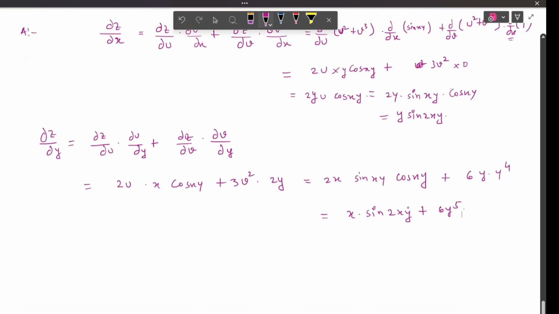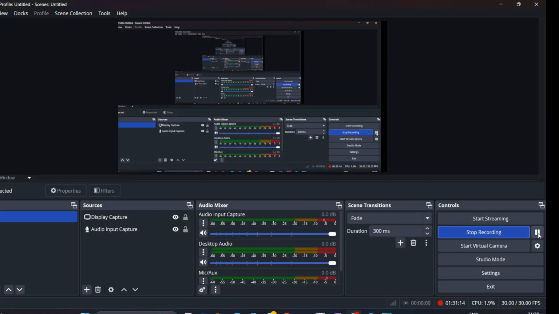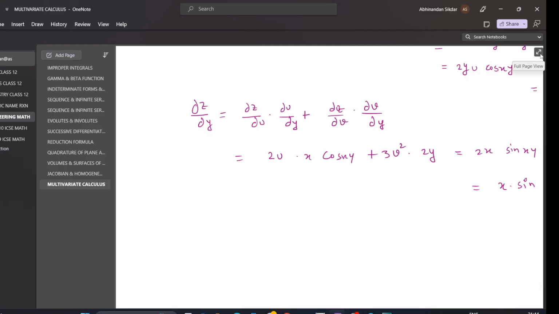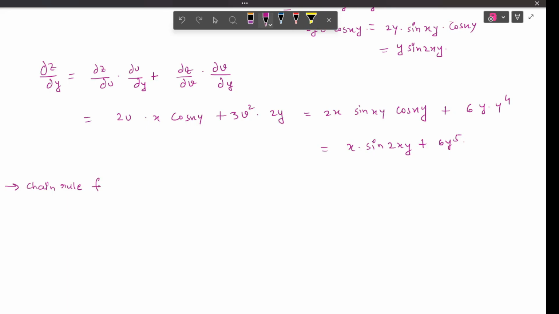Okay, let us see the chain rule for functions of 3 or more variables.